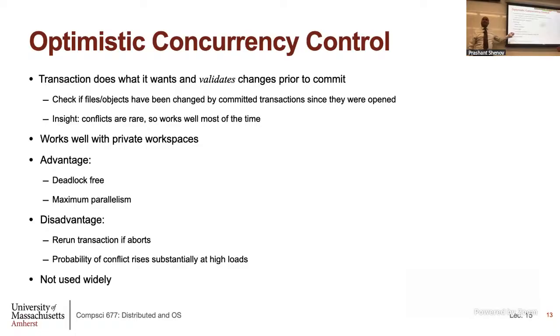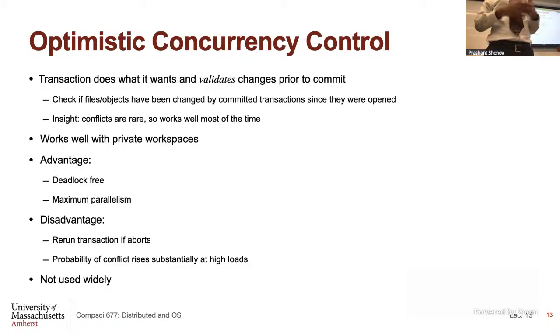And the second thing is that the probability of conflict will rise as the load on the system goes up. Because when the load goes up, there are lots of transactions in the system, so the probability that any two transactions executing at the same time conflict with one another goes up. When there are few transactions in the system, chances of conflict are low.